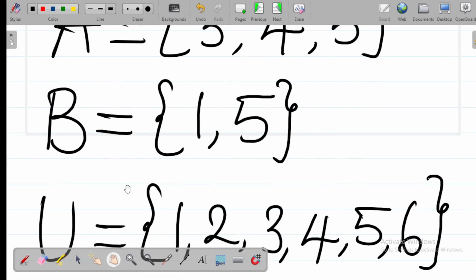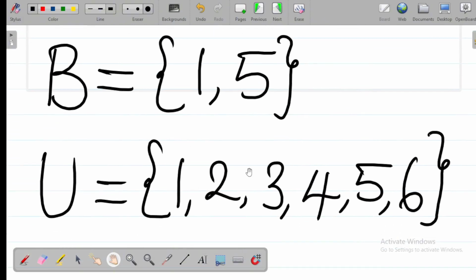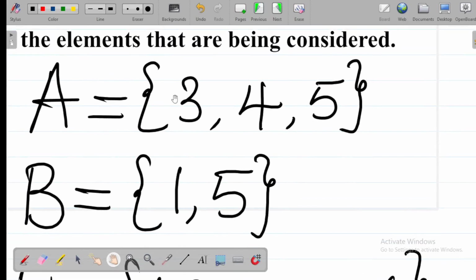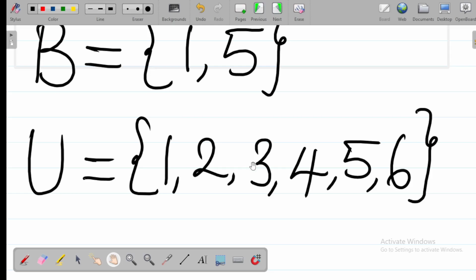Now, let's compare the universal set to set B. In set B, we have 1 and 5. 1 and 5 are found in the universal set. Let's also compare the universal set to set A. In set A, we have 3, 4, and 5. 3, 4, and 5 are also found in the universal set.